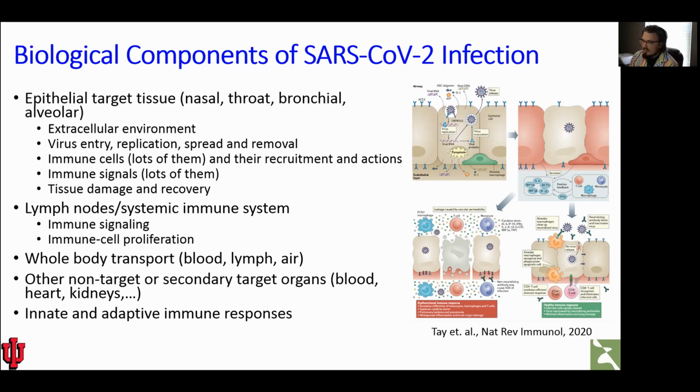So an epithelium that is subject to exposure of a virus, viral internalization, viral replication, and so on and so forth. And then, of course, the immune cells in the epithelial tissue that are responsible for clearing the virus and eliminating infected cells.